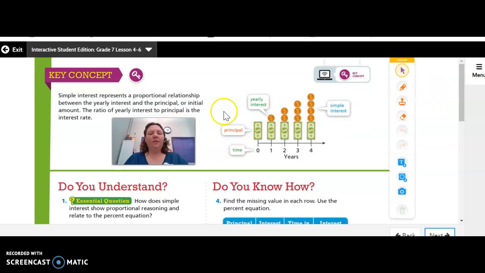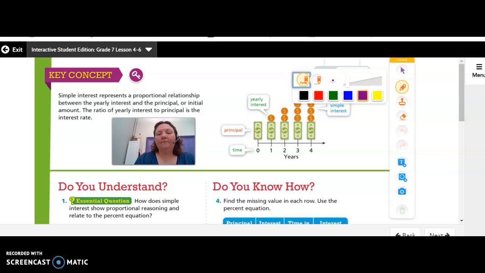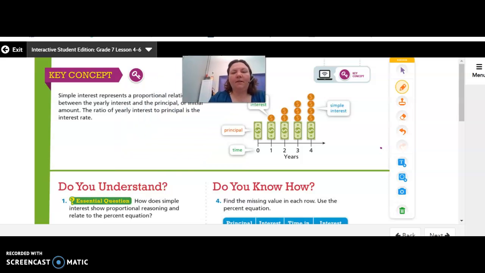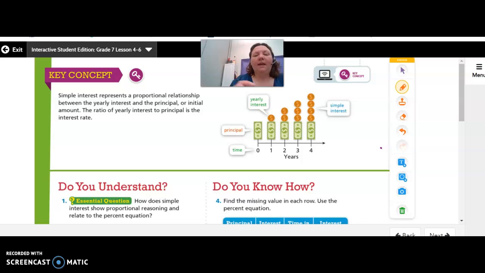So here you can see your key concept. And again, on this page, for your visual learners, you can see that visual guide, a picture of what the different parts of the problem are. But you're going to want to write down, I'm going to move myself up here so that we have room to write, those steps so that we have them. So first we needed to turn the percent into a decimal.